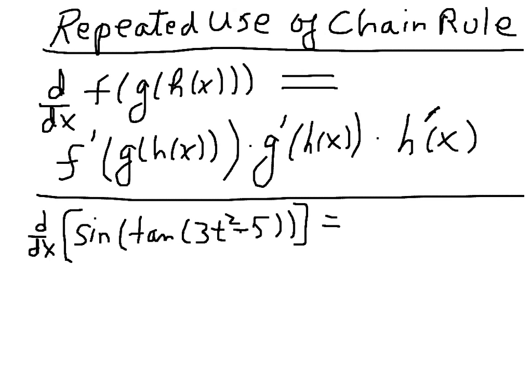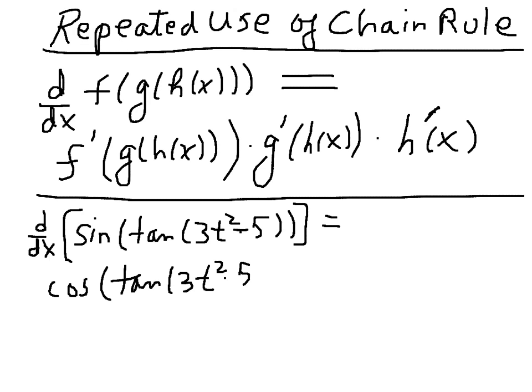So in this case we see we're taking the derivative of three functions put together. Sine is the outermost function, and then tan, and then the innermost function is 3t squared minus 5. And so when we take the derivative, we take the derivative of the outermost function and leave everything else alone. So inside stays the same.